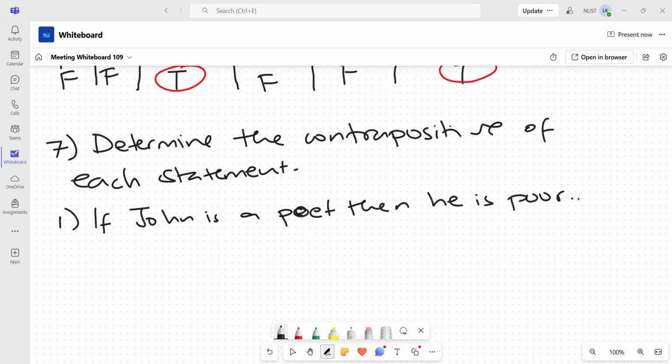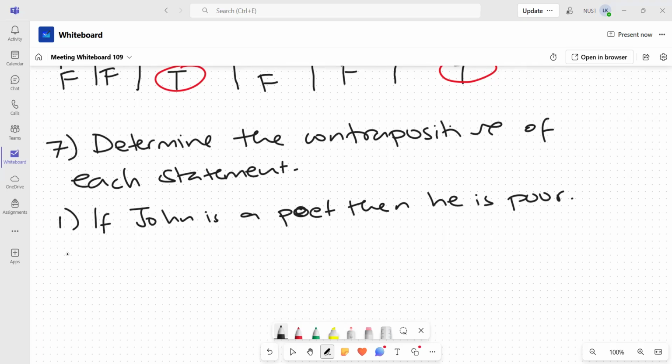Okay, so if John is a poet, then he is poor. The contrapositive would be if John is rich, then he is not a poet. Okay, so that is the contrapositive.